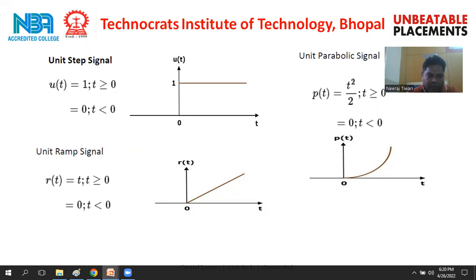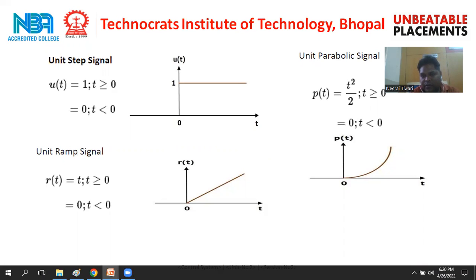In the case of the unit ramp signal, the function is r(t) equal to t when t is greater than or equal to 0. So the curve will be linear for the ramp input signal. And r(t) is equal to 0 when 0 is greater than t. So if the value of t is negative, then the unit ramp signal will be 0.